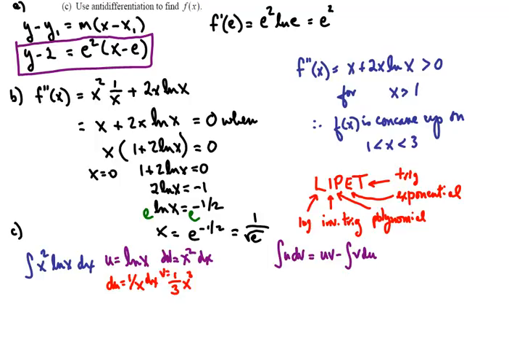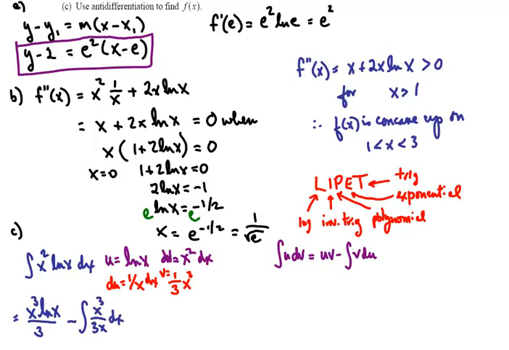And at this point, we're ready to just substitute into our formula uv, which is ln of x times 1/3 x cubed, or x cubed ln of x over 3, and that's minus the integral of v du, which is x cubed over 3x dx.